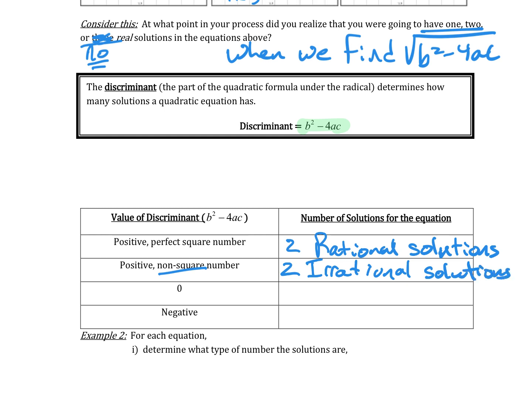If it ends up being 0, then we'll get 1 solution, and it'll be rational. And if it's negative, we get 0 real solutions, no x-intercepts. So it's important to get that connection there.